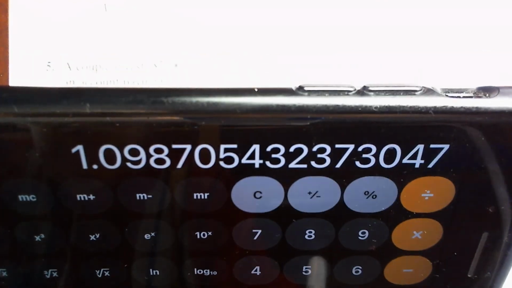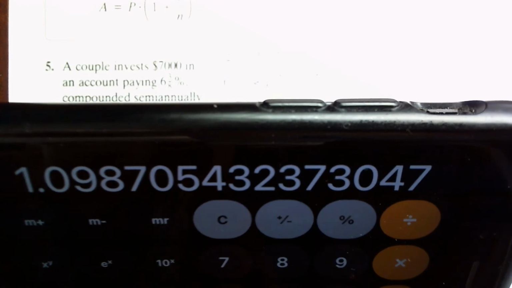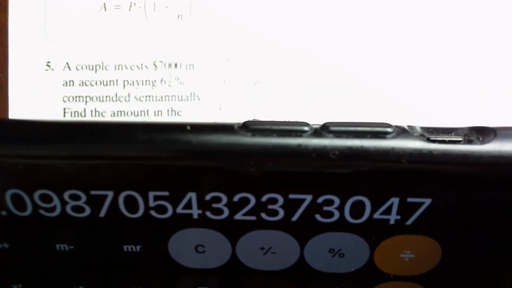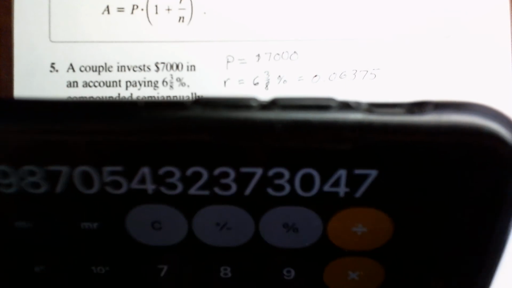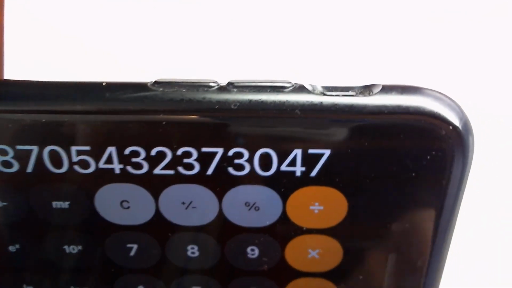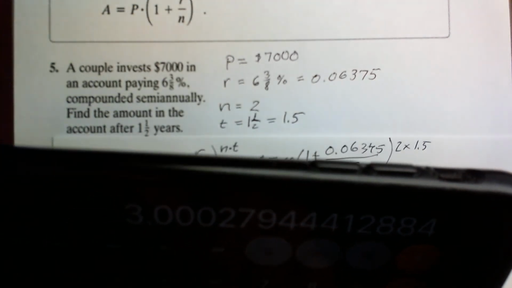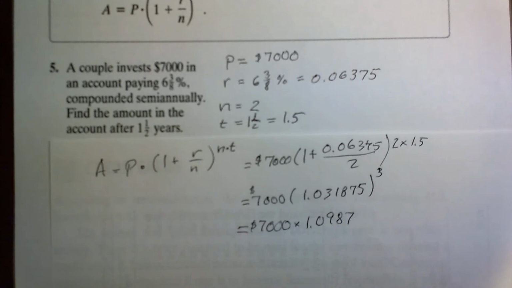So I'm going to write this number down. That's equal to 7,000 times 1.0987. I'm going to truncate, I'm going to round it down for the rest. So in other words, now multiply this amount that you see in the display, I multiply that by 7,000.